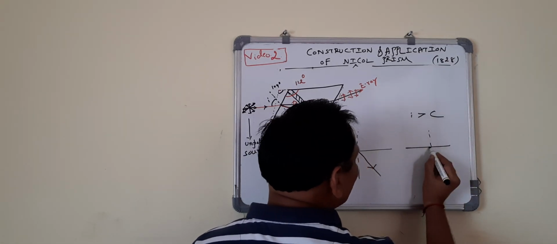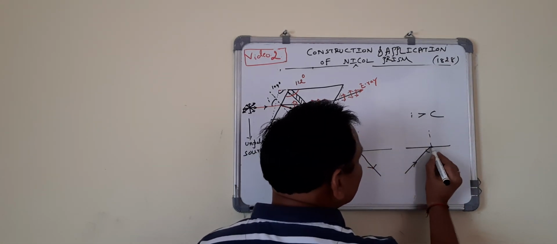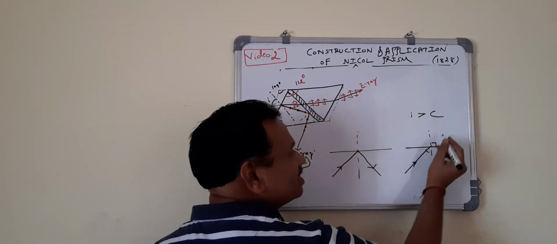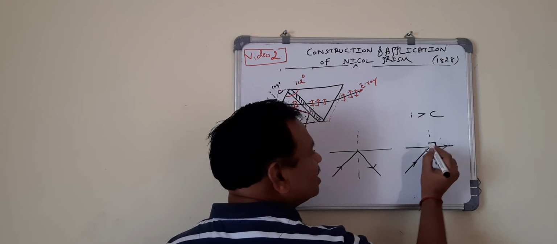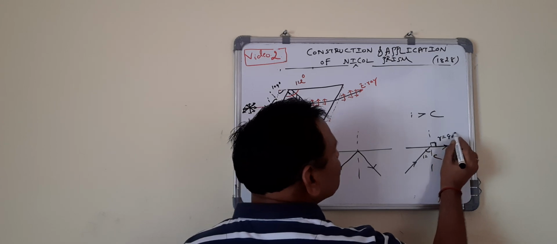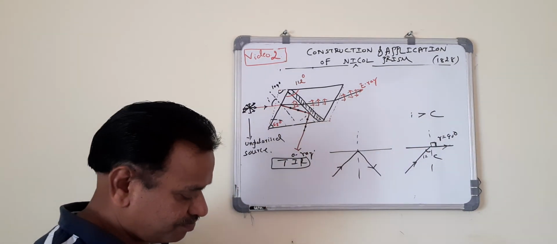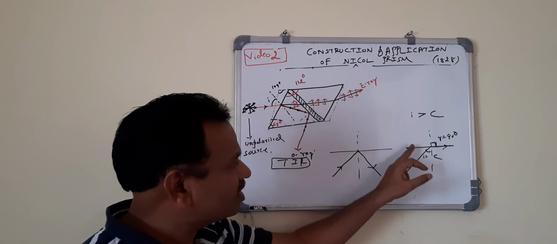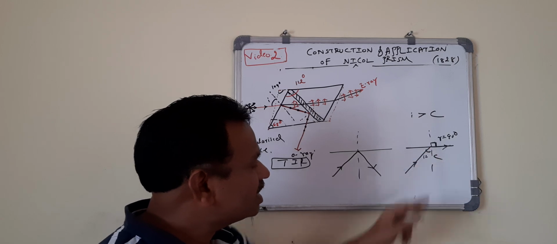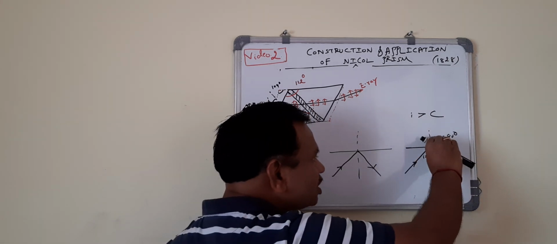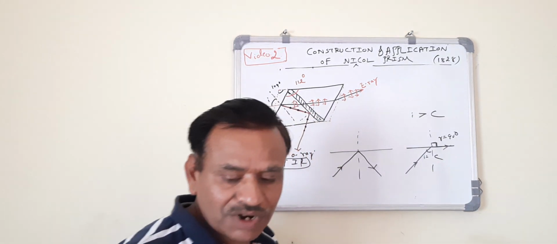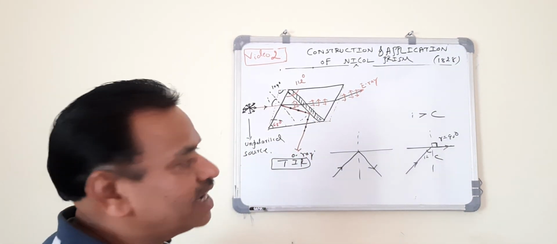For this particular angle of incidence, the refracted ray just makes an angle of refraction equal to 90 degree. Suppose it is 37 degree, the refracted ray is like this. If I increase more than 37 degree, it will no longer pass; it will travel within the same medium. That is total internal reflection.